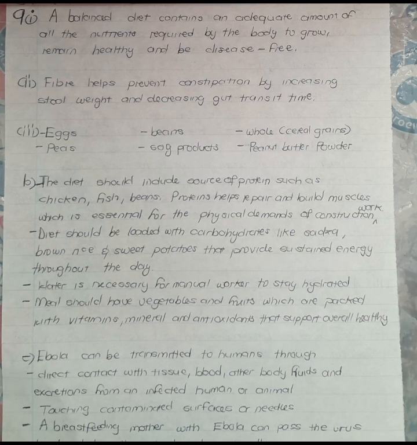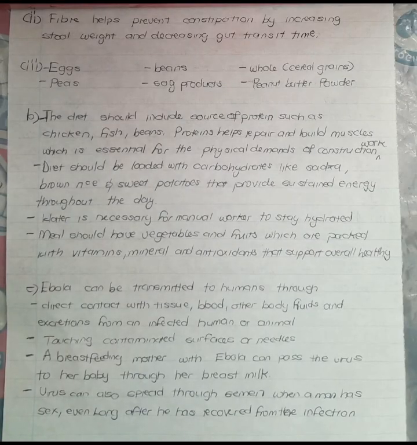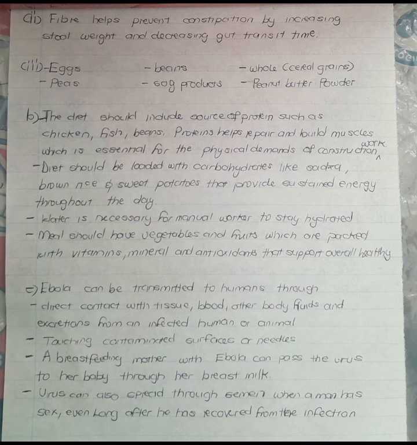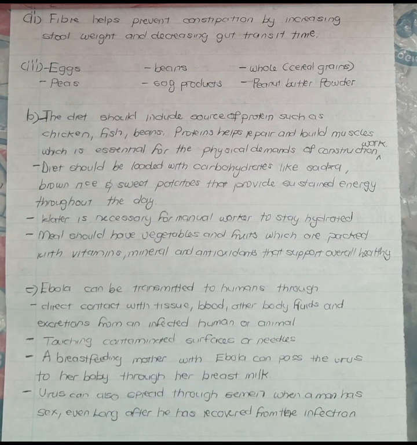And also, a breastfeeding mother with Ebola can pass the virus to a baby through breast milk. And also, the virus can be spread through semen when a man has sex, even long after he has recovered from the infection. So this marks the end of our tutorial today on section B.